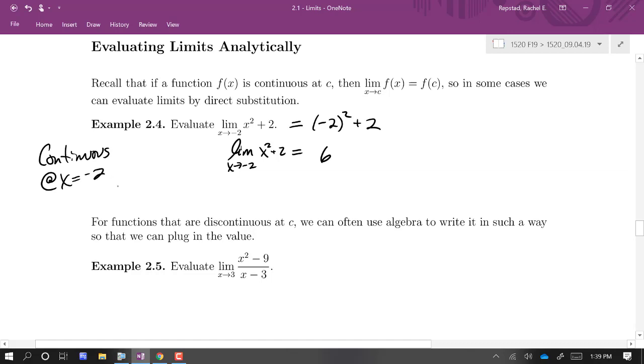If your function's continuous there, just plug in the thing. And when we evaluate limits analytically, our goal is to rewrite it in a way that allows us to just plug it in. I think that's what Adam was getting at when he said, isn't that a difference of squares up there? So can't we just rewrite it? So if we could do some algebra to rewrite this fraction.